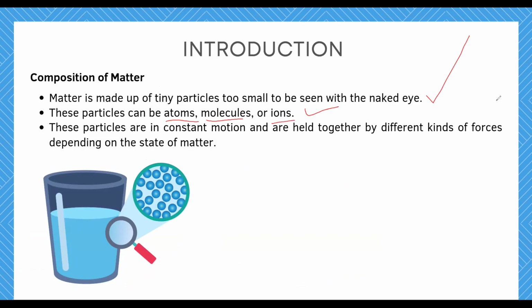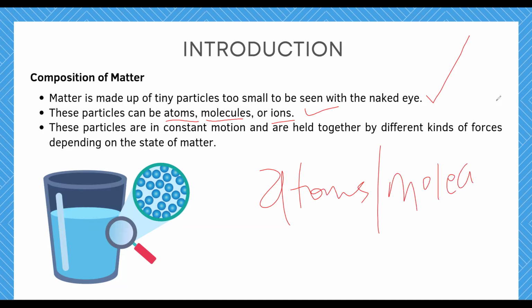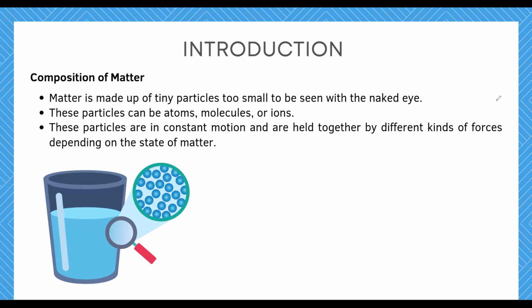In today's class, we're going to be looking at the atoms, and we're also going to be looking at the molecules. Are you with me? Yes, sir. Beautiful. Now, one thing about these particles you must know is that they are always in constant motion and are held together by different kinds of forces depending on the state of matter.